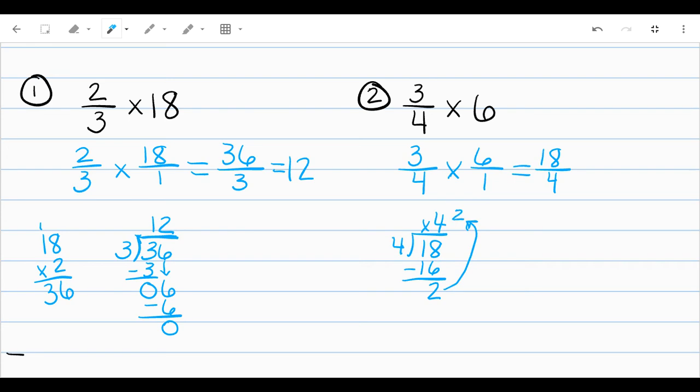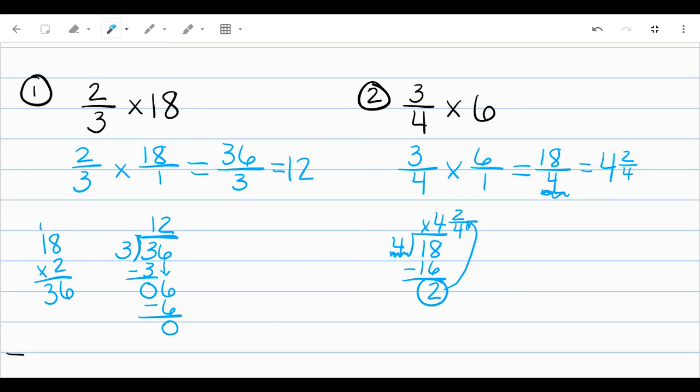My remainder, or my difference when I subtract, becomes the numerator. And my denominator is going to stay the same. Whatever we had as our divisor out front becomes our denominator. So we have 4 and 2/4 as being our simplest form.